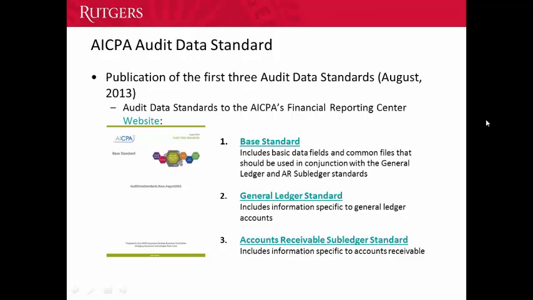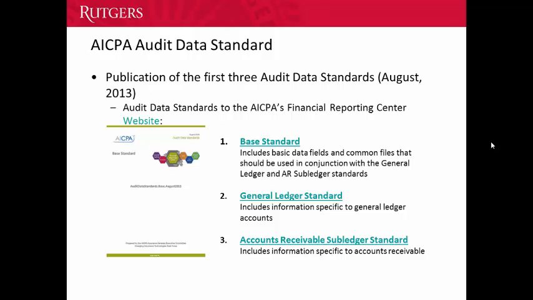The first issuance of ADS includes 3 data standards: Base Standard, General Ledger Standard, and Accounts Receivable Subledger Standard. The title of each standard contains a hyperlink to the copy of each standard.